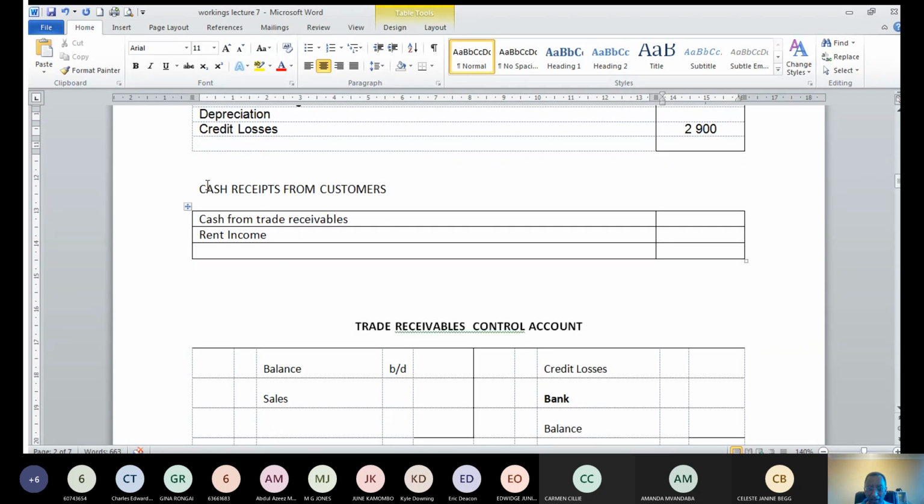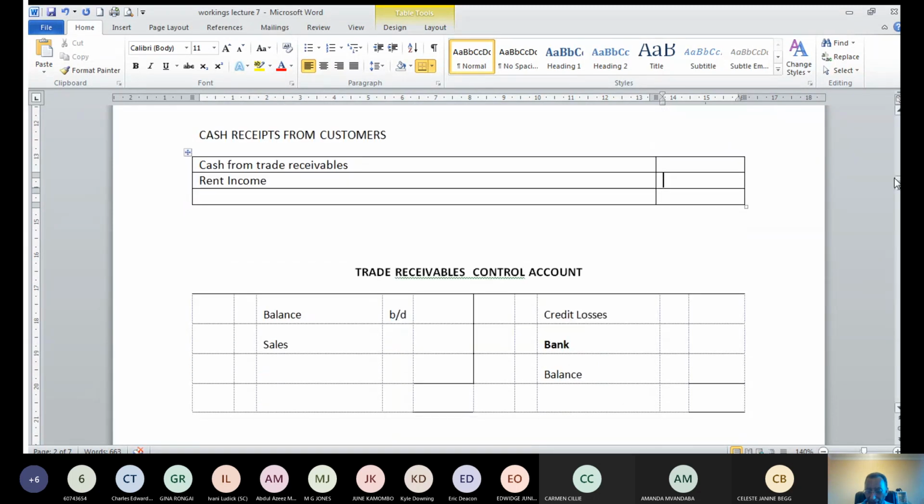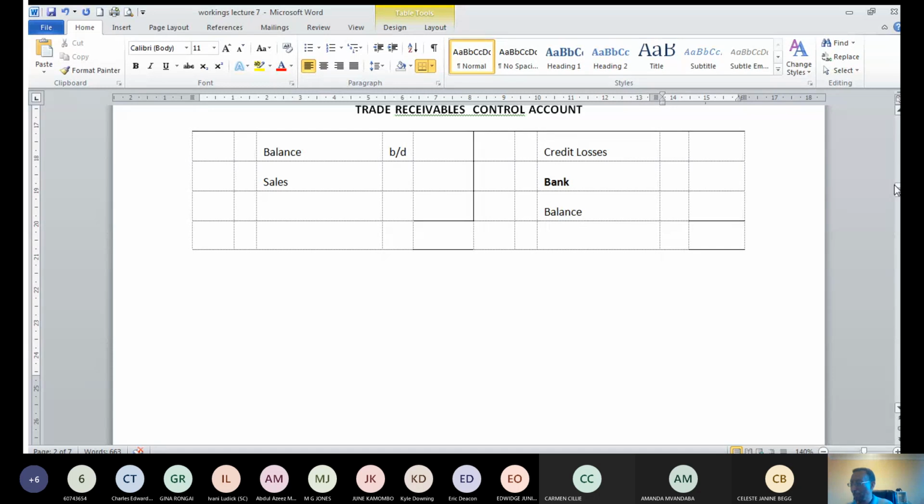If you must now calculate the cash receipts from customers, cash receipts from customers will consist of the cash from my trade receivables, what my customers have paid me in respect of sales, as well as rental income. And that will make up my cash receipts from customers. Based on the information given, let us take a look at how we are now going to calculate this.